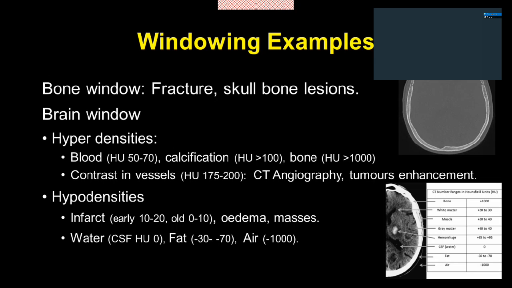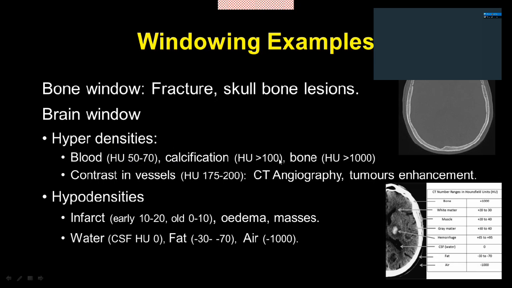Other less commonly used windows include blood window and subdural window, which are optimized for depicting blood and subdural fluid, and they also provide detailed information on soft tissue. For example, blood appears hyperdense on CT, and it measures between +50 to +70 Hounsfield units.